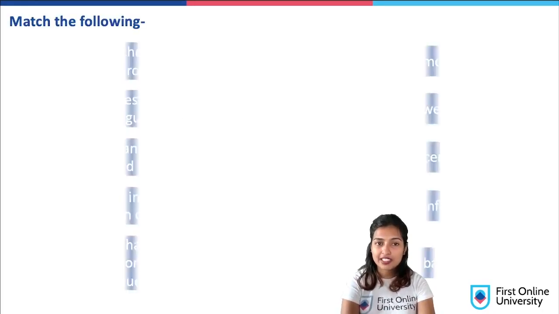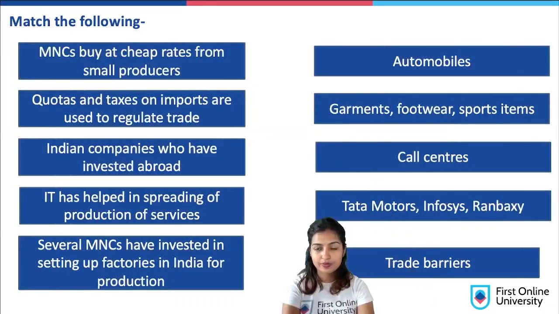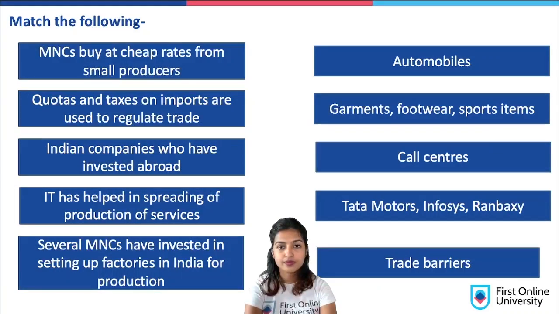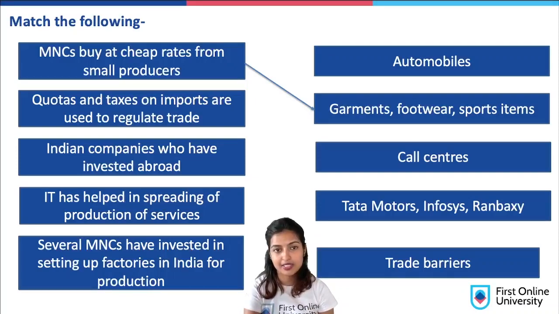Let us see a match the following kind of question. We have two columns here. Let us see. MNCs buy at cheap rates from small producers. So, which sector does this kind of statement belong to? It belongs to the garments, footwear, and sports items.